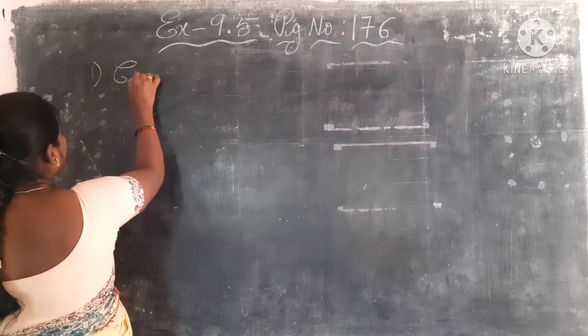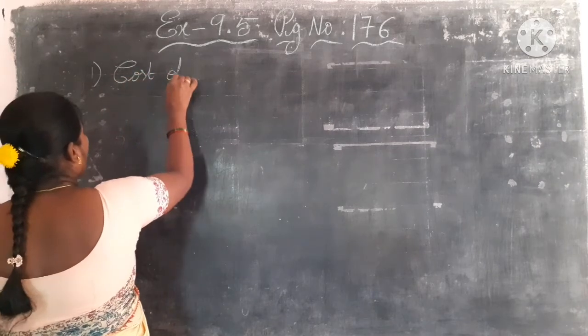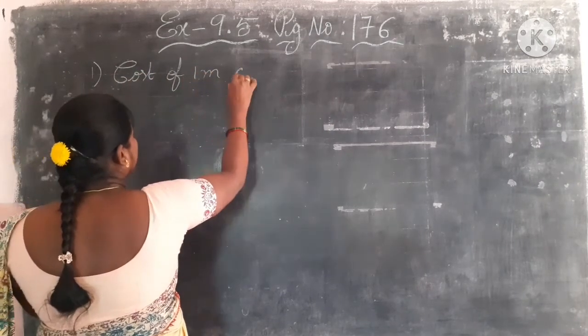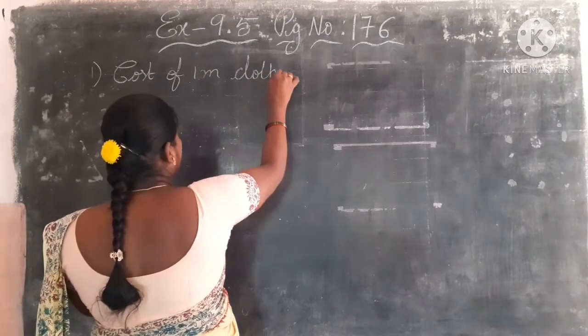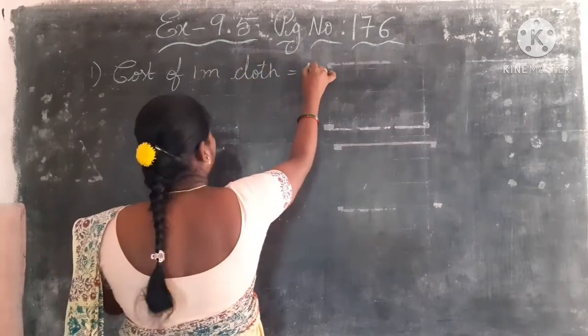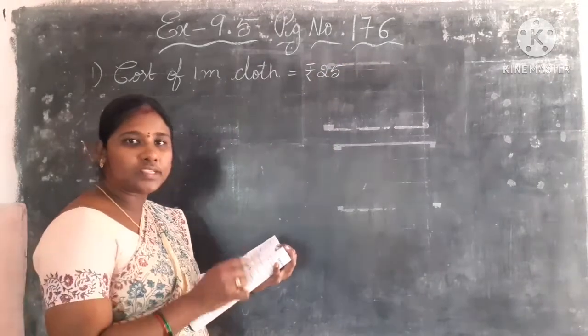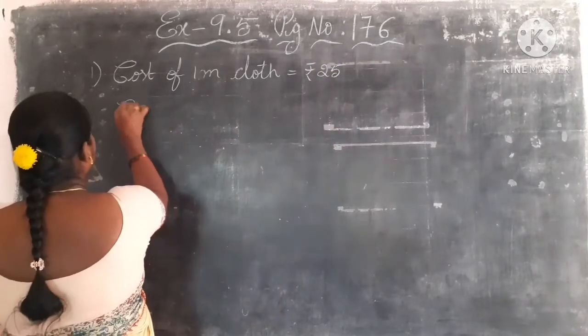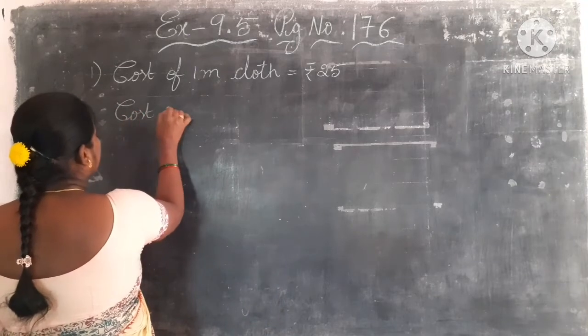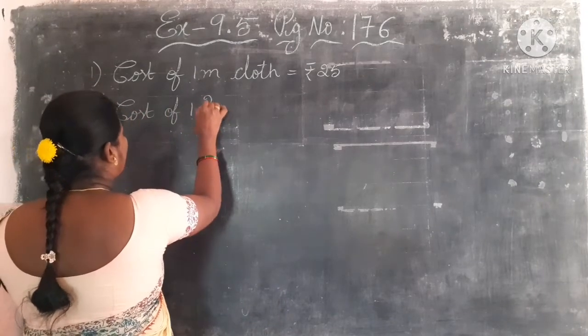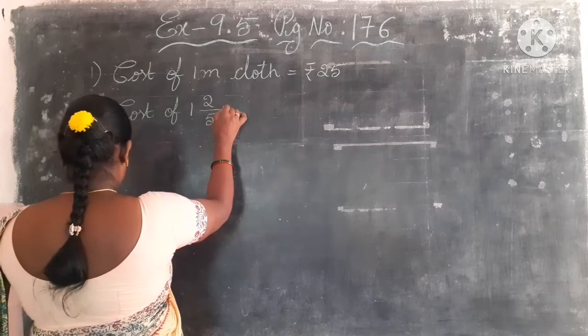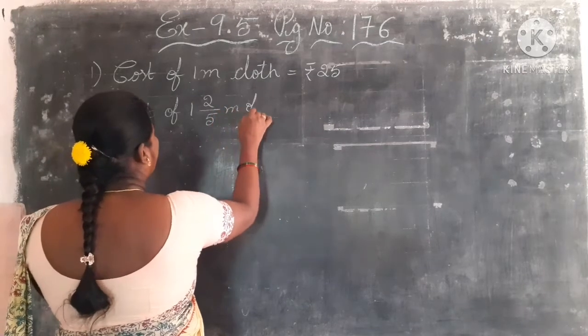Cost of 1 meter cloth is equal to rupees 25. We have to find the cost of 1 2/5 meters of cloth.